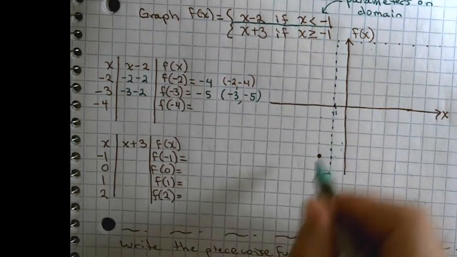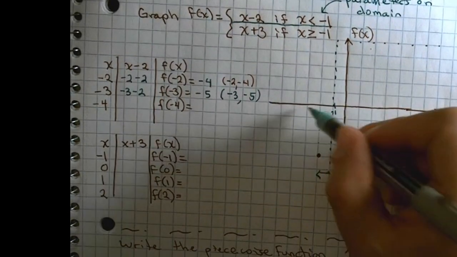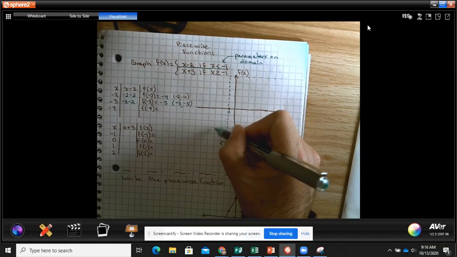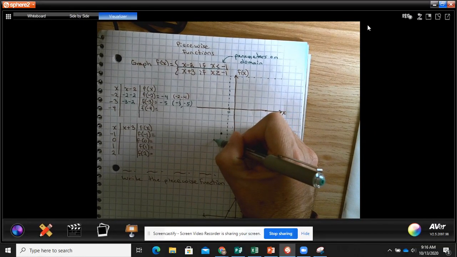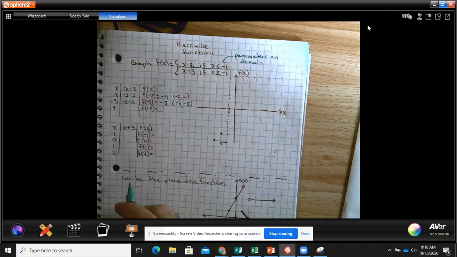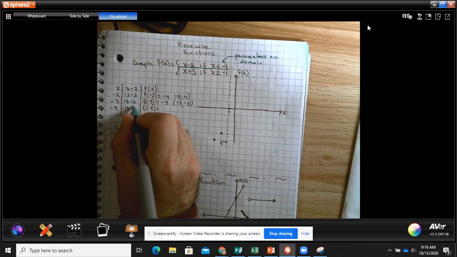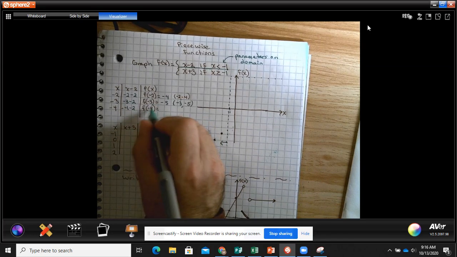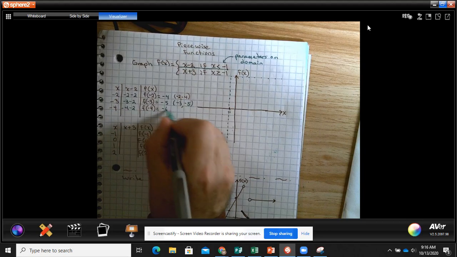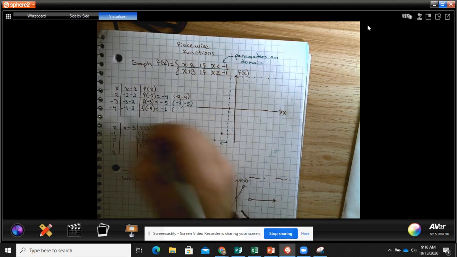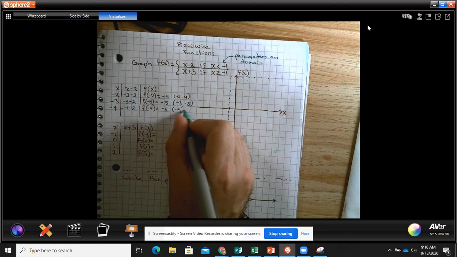Now I'm going to plot that point. I follow the same process again. I substitute for x being -4. So the f of -4 is -6. And now I have the point -4, comma, -6.